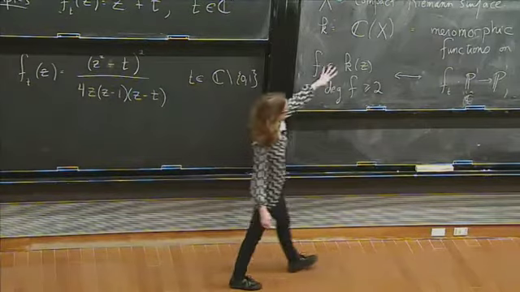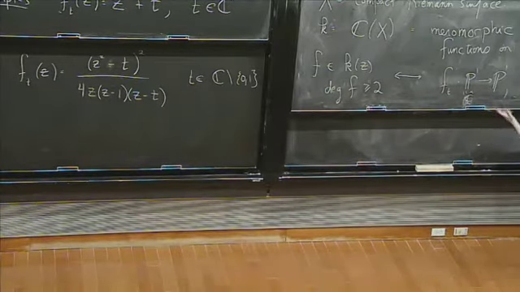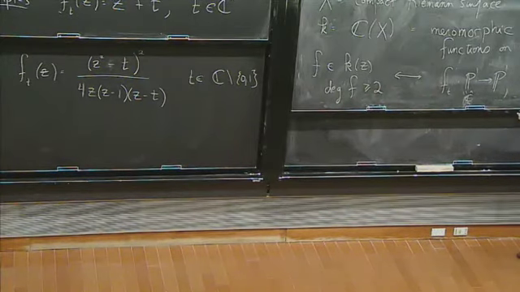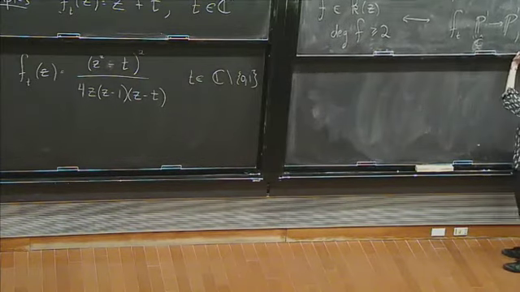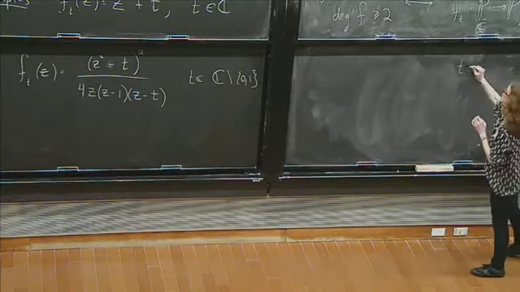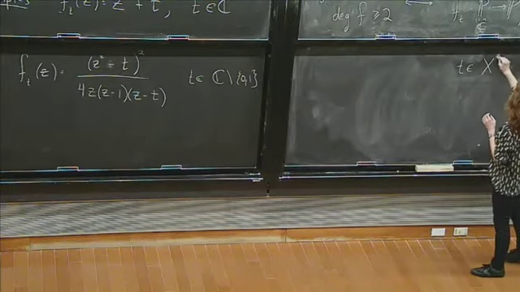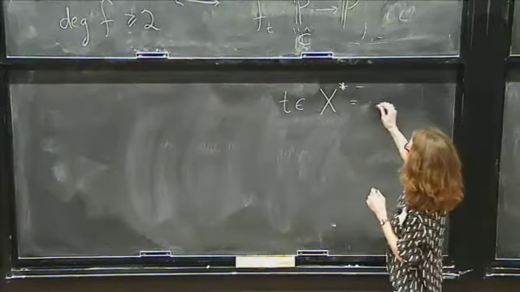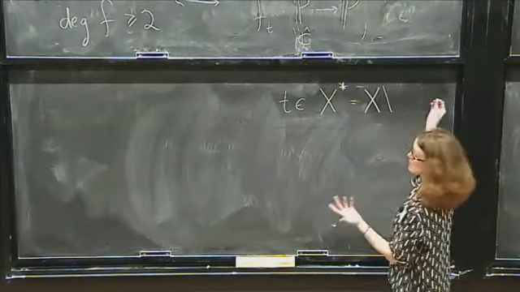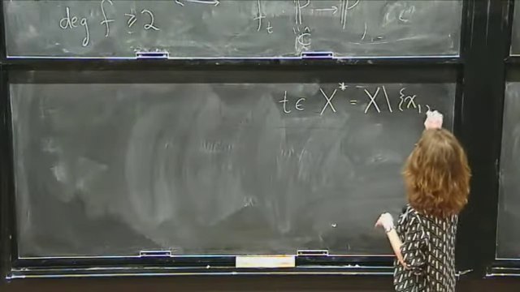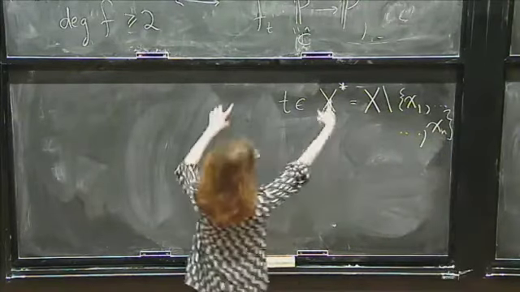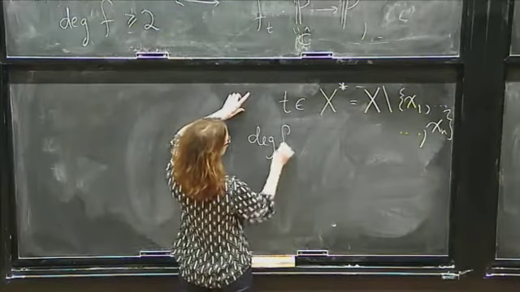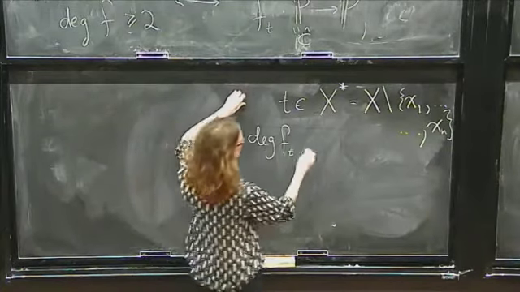So really, the typical setting would be that I have this holomorphic family of rational maps as long as I puncture my X. So t here will generally live in some punctured Riemann surface, and I'll use the notation X star. So this is going to be X minus some finite set, so that for all t in X star, the degree as a complex rational function is constant, equal to d.